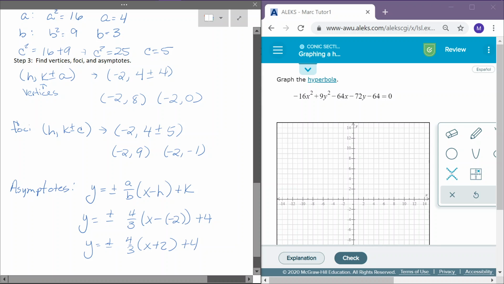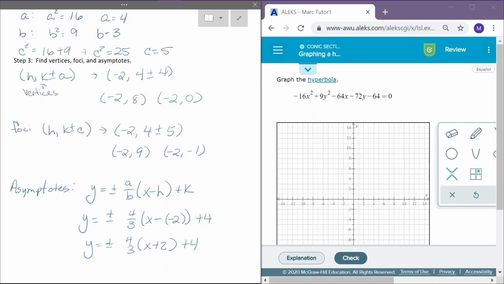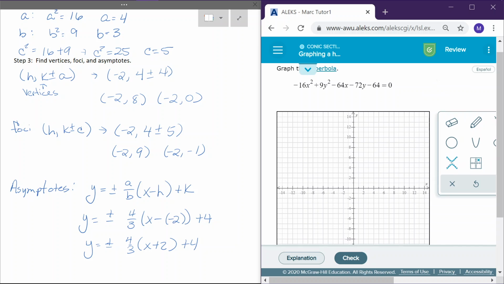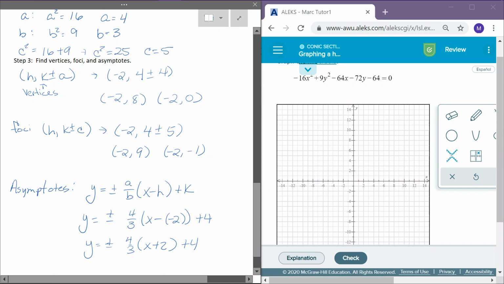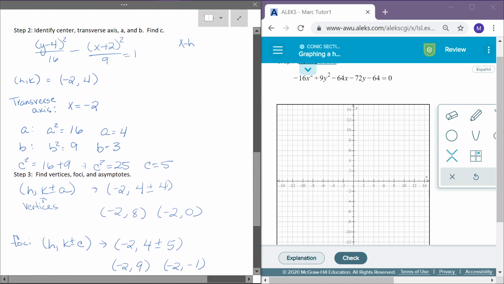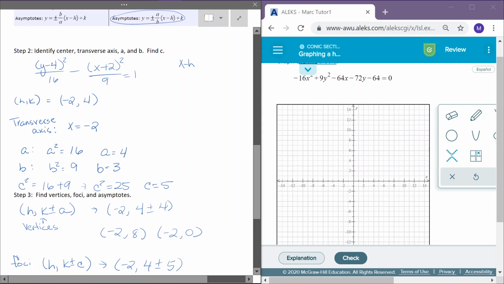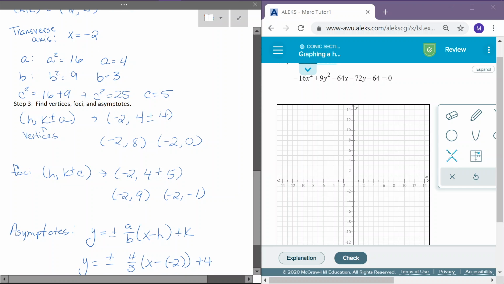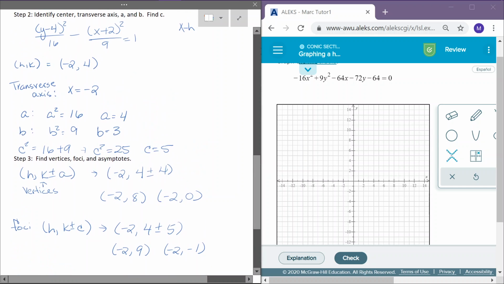So let's talk about how we graph this. If we're doing a paper graph, all of this will be necessary. But if you're graphing in Alex, things are a little bit easier. For that, you need to know your center, which we found here, which is negative 2, 4. You need to know one of your vertices, and you need to know a point on one of your asymptotes.